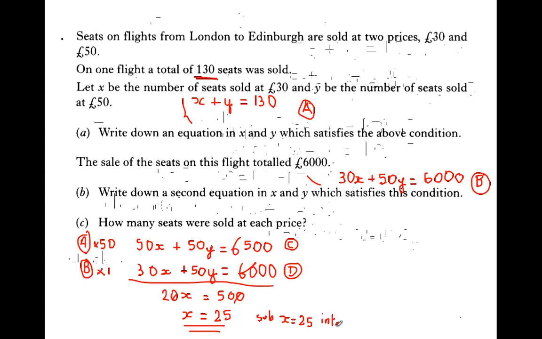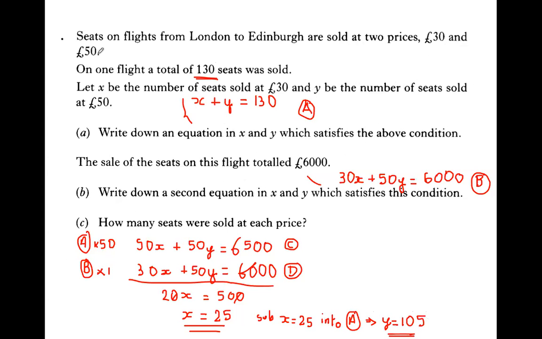Should be 105, yeah? y equals 105. So 105 seats sold at £50.